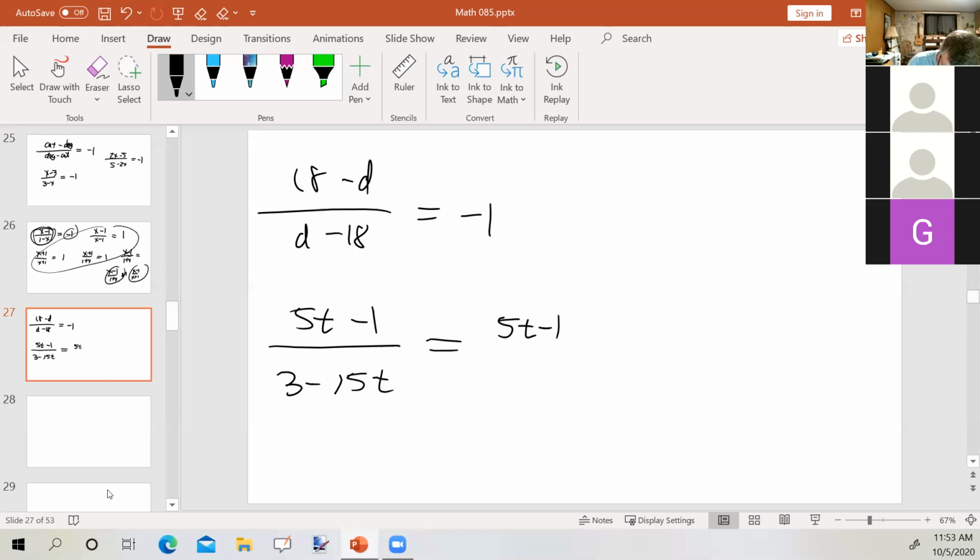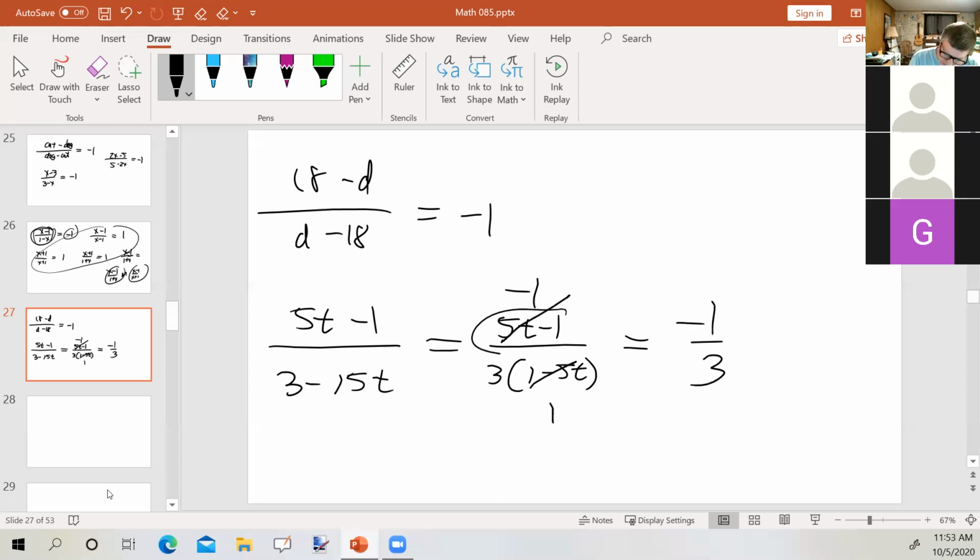This is 5t minus 1 over 3, and then this is 1 minus 5t. All right? See what I did there in the denominator? Factored out a 3. But then this and this are -1. So I get -1 over 3, because there's that pattern, but there's still a 3 left over.